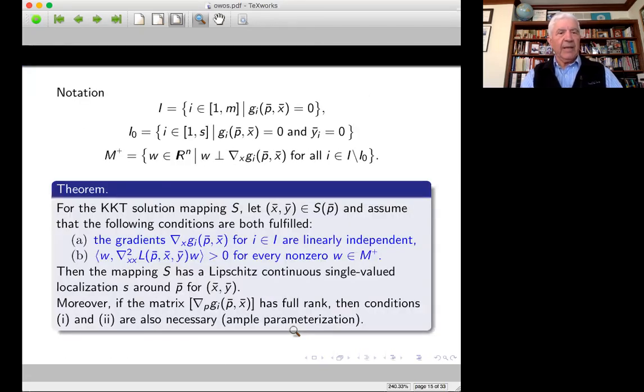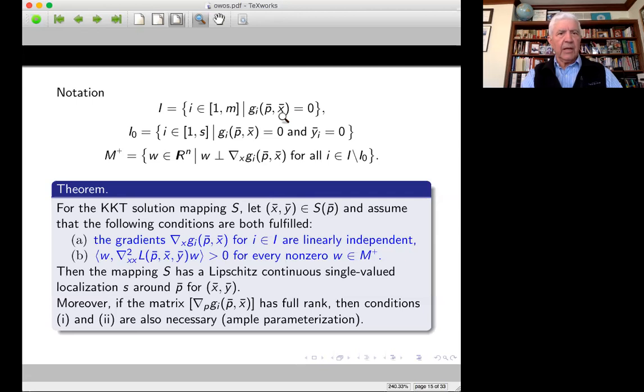Okay, and here is the main theorem, which again belongs to Steve Robinson, who proved it in his 1980 paper. We need some notation here. I is the set of indices where the constraints are active, the inequality constraints are active.